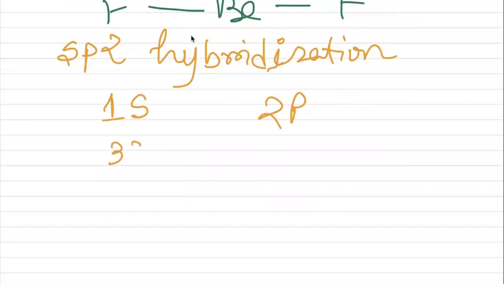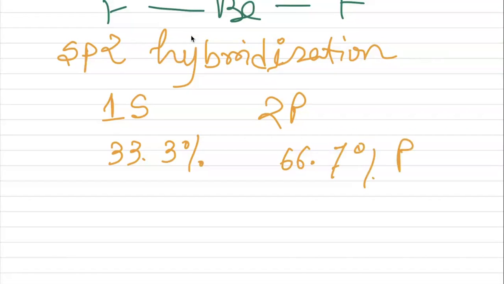So it will have 33.3% s character and 66.7% p character. These sp2 hybrid orbitals will remain in the same plane, and it has a trigonal planar geometry.